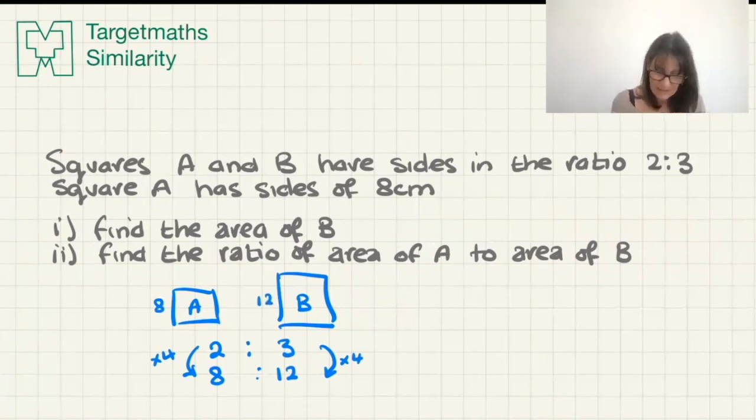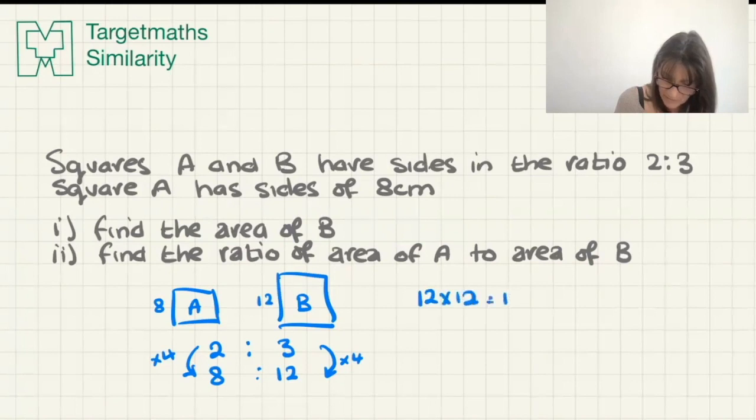Okay. It says find the area of B. Well, I don't have to do anything more fancy now than doing 12 times 12. It's a square. I know the edge is 12. So 12 times 12 is equal to 144. And of course, it's area, so it's centimeters squared.